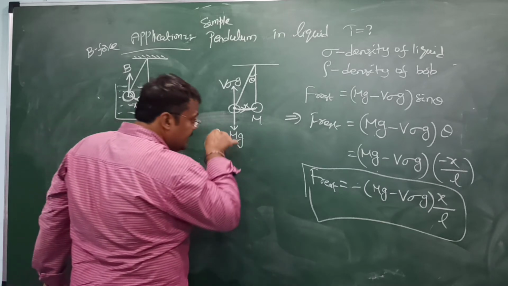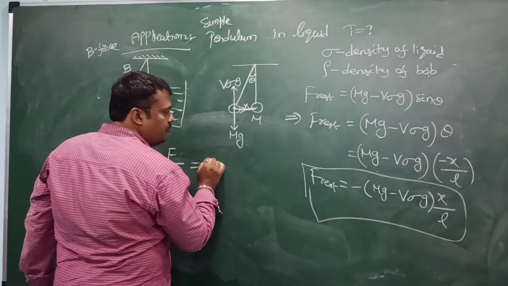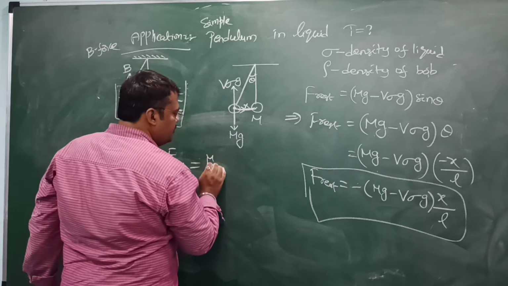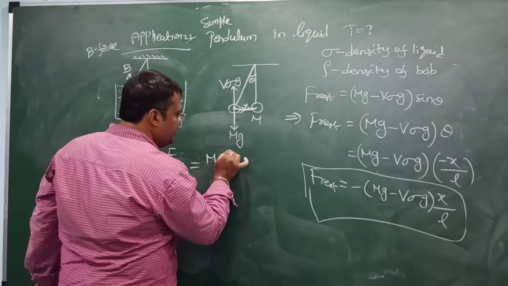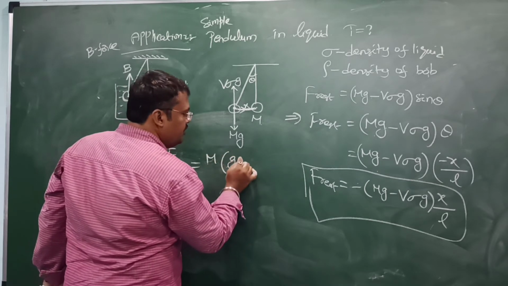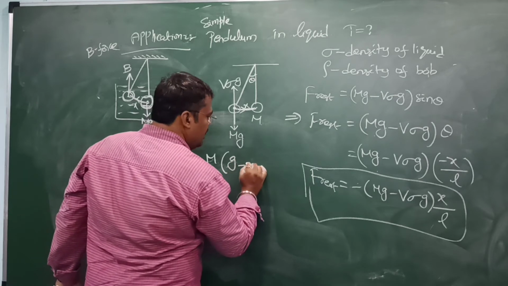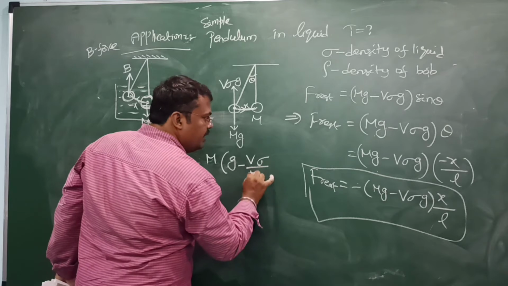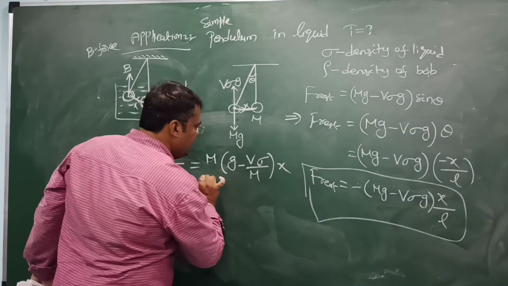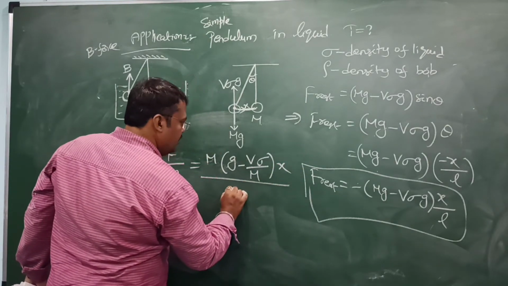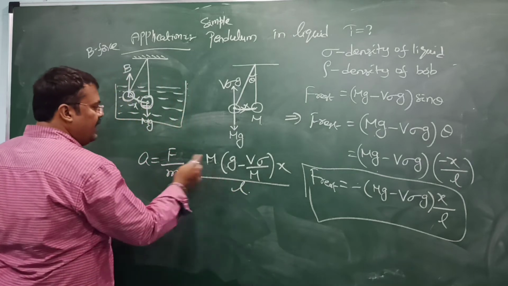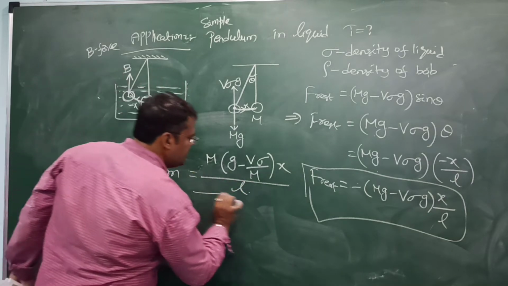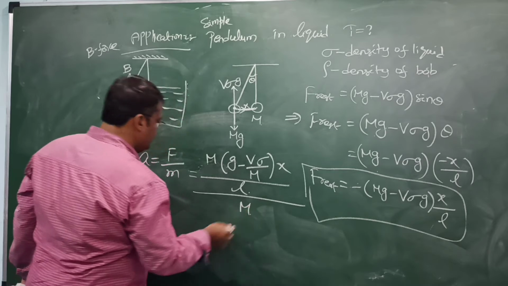That is equal to, this is nothing but a restoring force. So let us take a common m in this case. So m into G minus V sigma divided by m into x divided by L. This is actually the force. So that is divided by m we will get here.